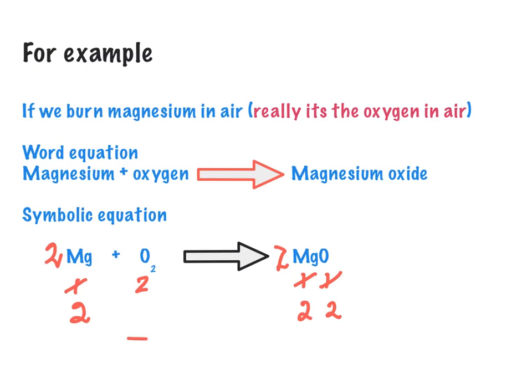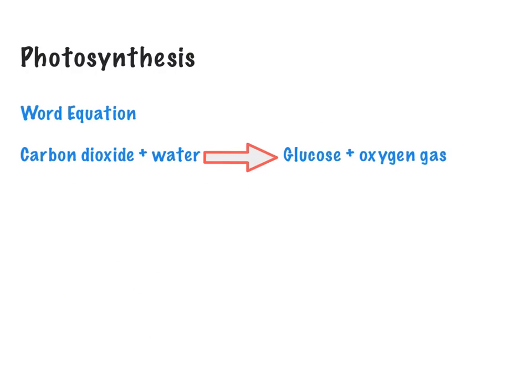Now let's look at a slightly harder version. One of the big equations you are doing at the moment is photosynthesis. And our word equation follows the same idea. We've got carbon dioxide plus water changes into a simple sugar, now we normally give the formula as glucose, and oxygen gas.